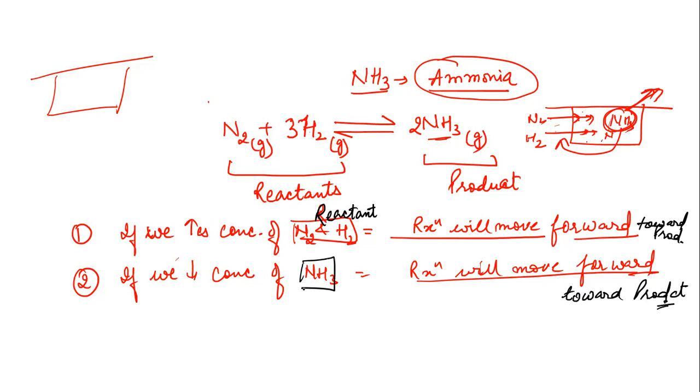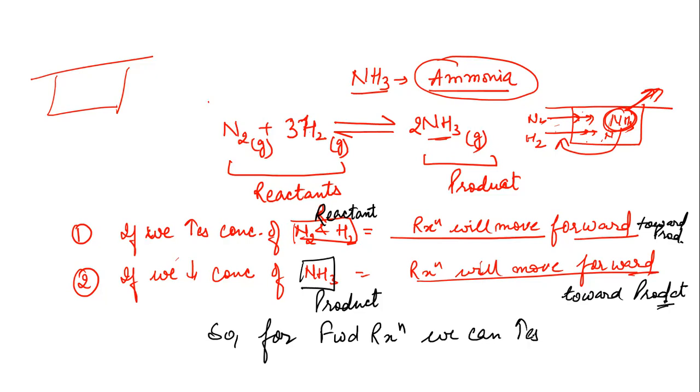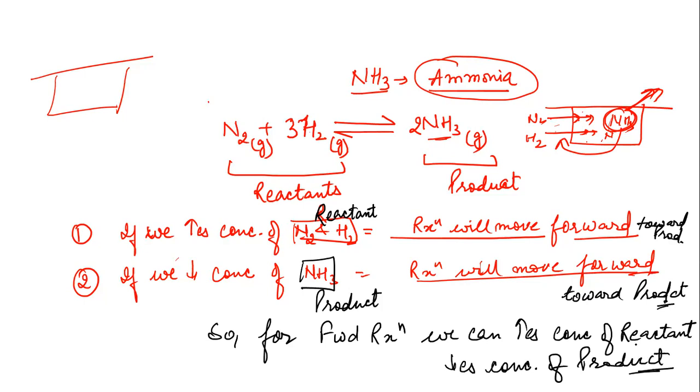Now, this is the product concentration. So for a forward reaction, we can increase the concentration of reactant and decrease the concentration of product. Clear? If reactant concentration is increased, it will move towards product.